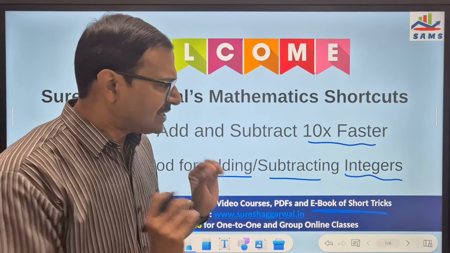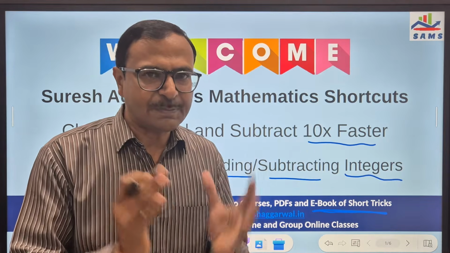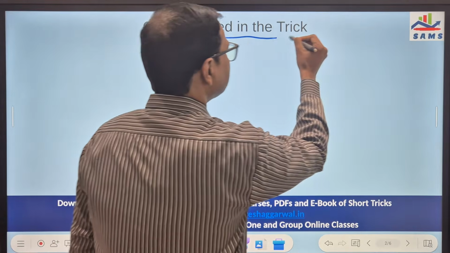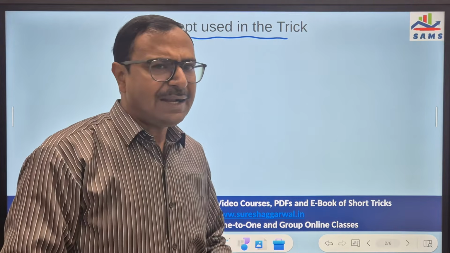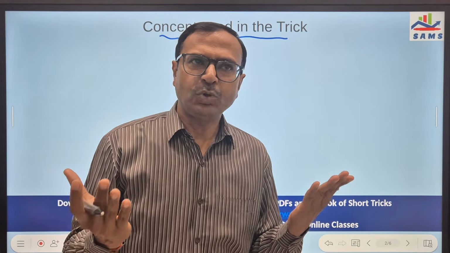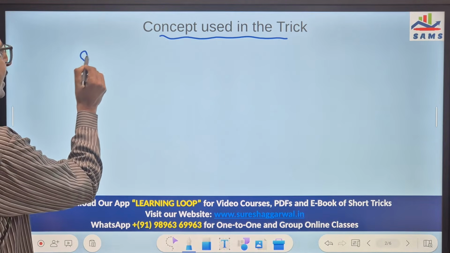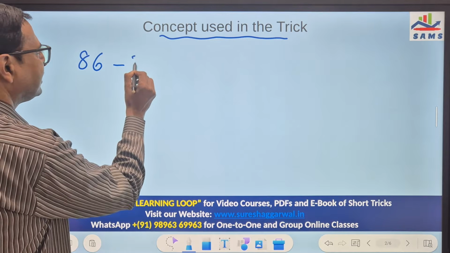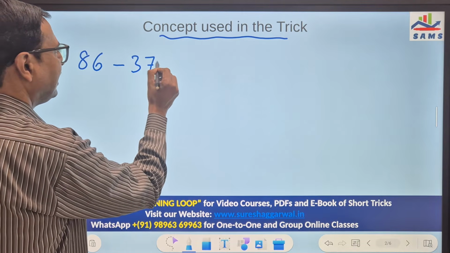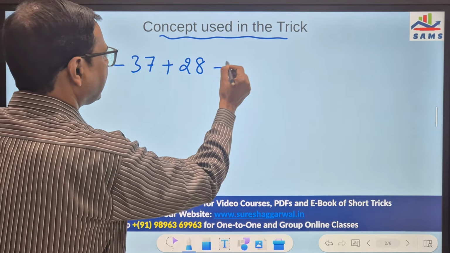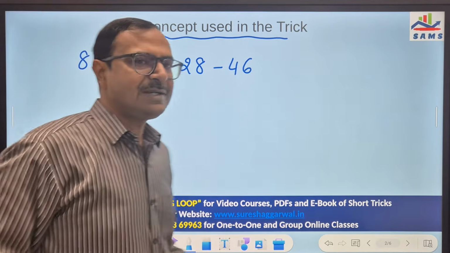So friends, let's first understand the concept behind this particular trick. The concept used in the trick is, I'll take an example of maybe 2-digit numbers first. Let's take an example where we are doing 86 minus 37 and then adding 28 to that and subtracting 46 again, right?